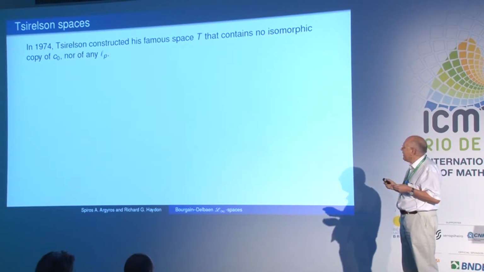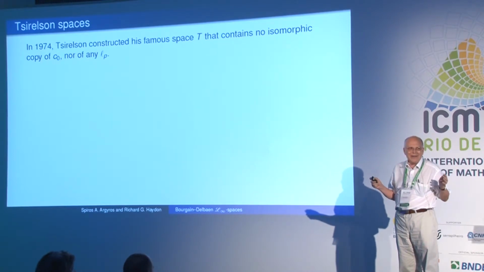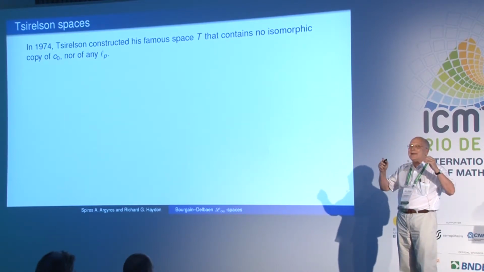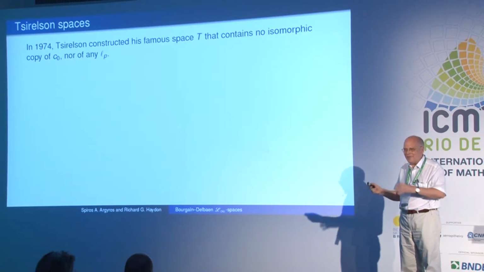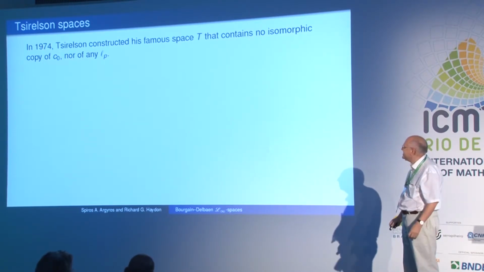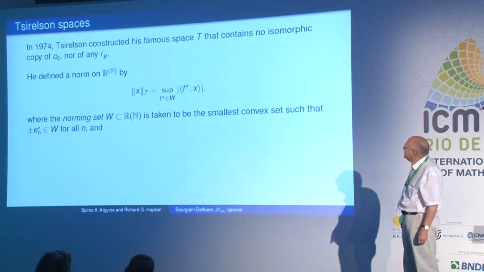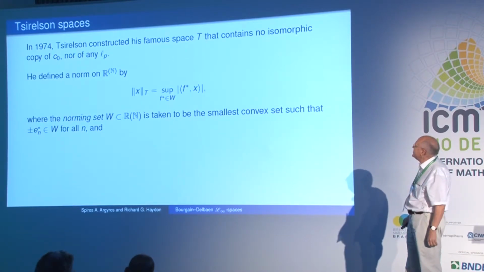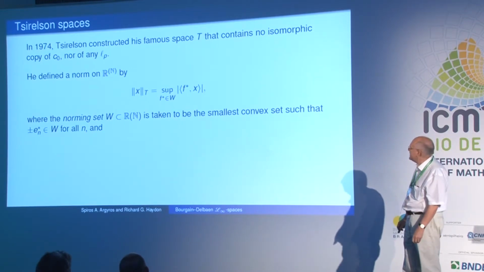And essentially, everything that has to do with what we now call asymptotic finite-dimensional theory of Banach spaces comes back to this. So, he's going to define a norm on R^(n) in brackets, so it's finitely supported sequences.